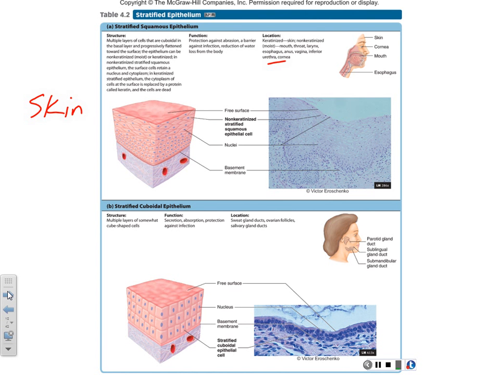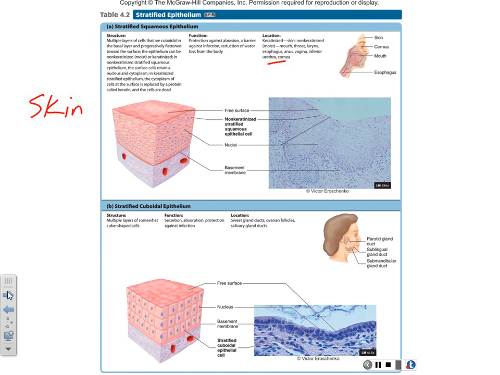All right, and then so stratified cuboidal. All right, once we start to become layered, and also the volume of cells is getting bigger. Here, it's glands. All the glands, like these stratified cuboidal salivary glands, they produce saliva. Okay, so salivary glands, ovarian follicles, right, are also like that.